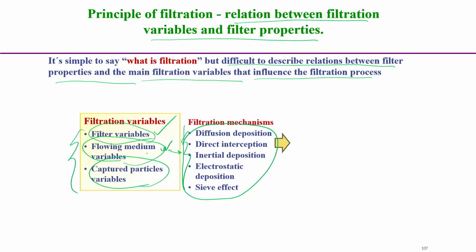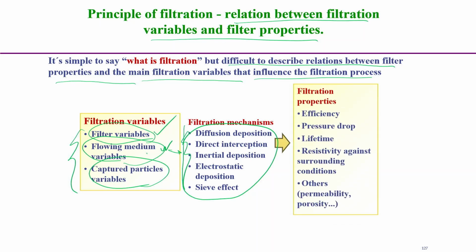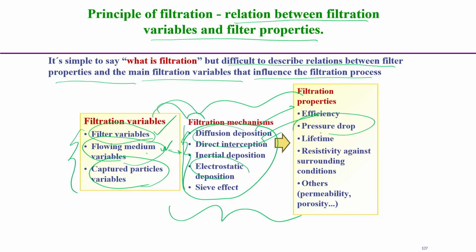And then all this controls the filtration properties. So, that correlation is very important. Understanding the correlation between all these three verticals is very important. So, if we have a certain filter fabric and that filter fabric follows either an electrostatic or diffusion mechanism, that will control the filtration efficiency, pressure drop, or lifetime.